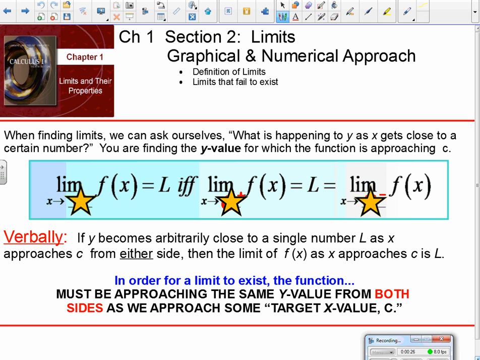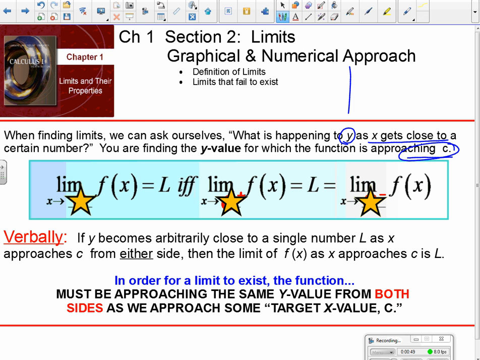So when you're finding limits, we can ask ourselves, really, what is happening to the y value as x gets close to some certain number? We're trying to find basically a y value, an output number. What is it approaching for height as we approach some horizontal value, c, let's say?